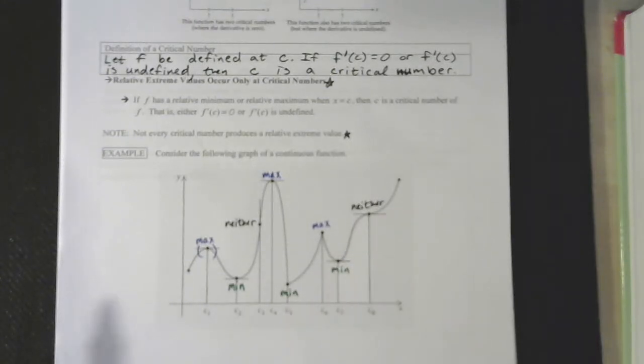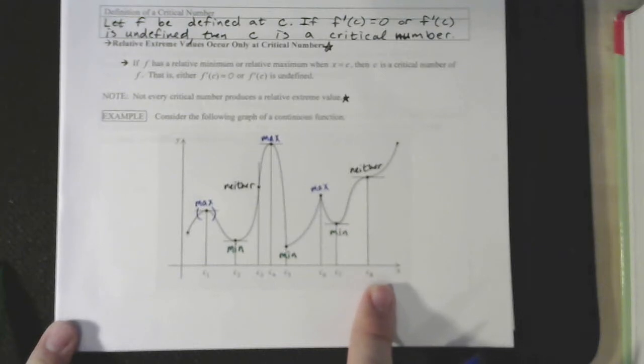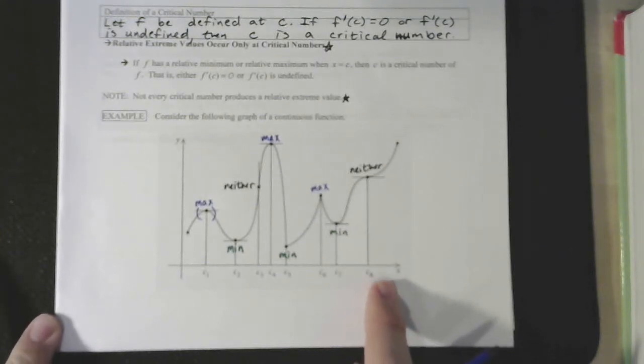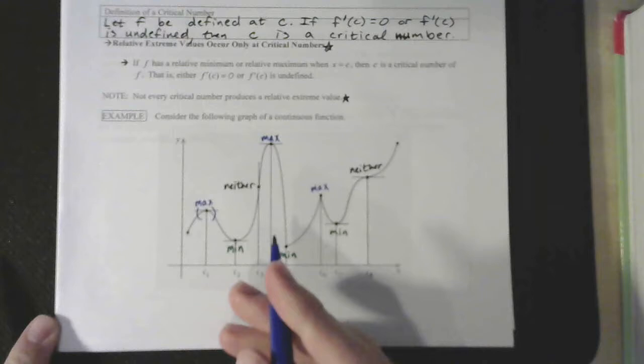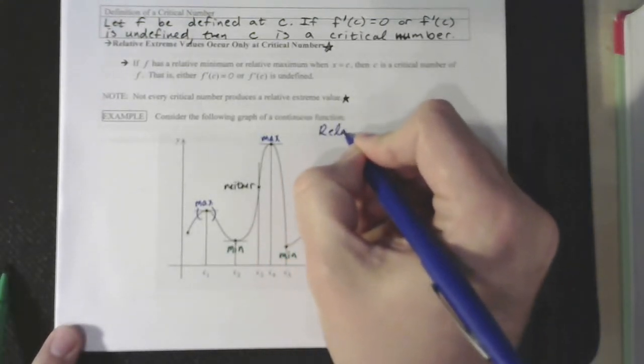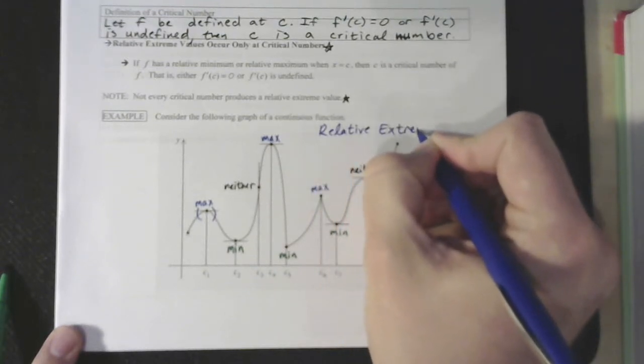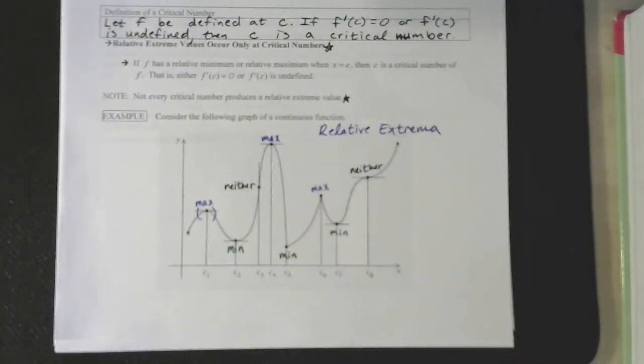Now, this is a good place to talk about something. We have 8 critical numbers, and all of these are relative extrema. So they're relative to the interval that you construct.